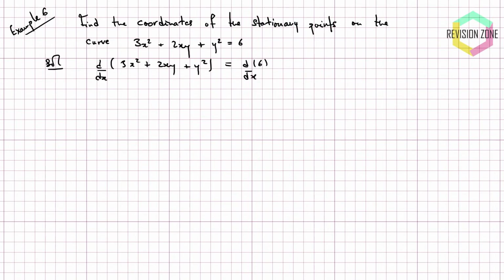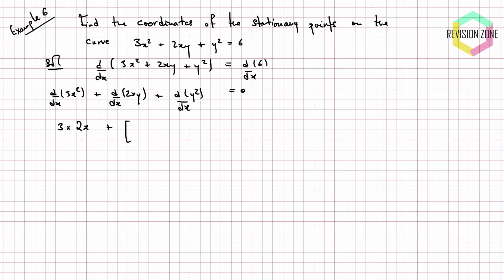But of course, when we do that, we know that the right-hand side just differentiates to give us 0, and the left-hand side we can differentiate each term separately as a standard sort of property of differentiation. The first term here, the 3x squared, differentiates to give me just 3 times by 2x, which is obviously 6x overall. And then the second term, we need to apply the product rule, so maybe I can do that now.